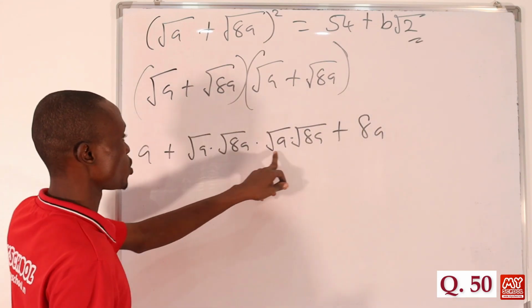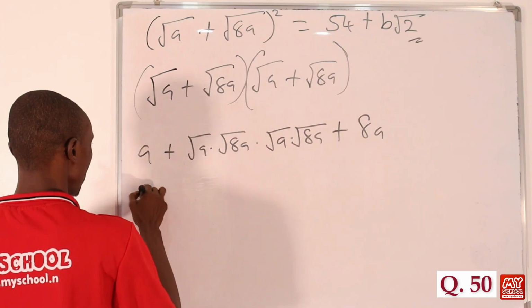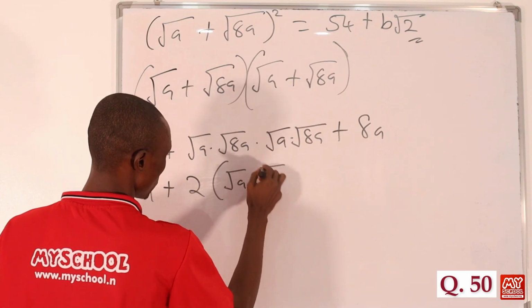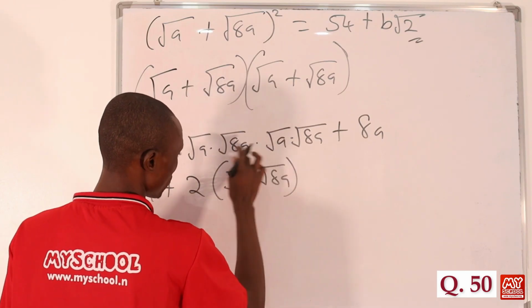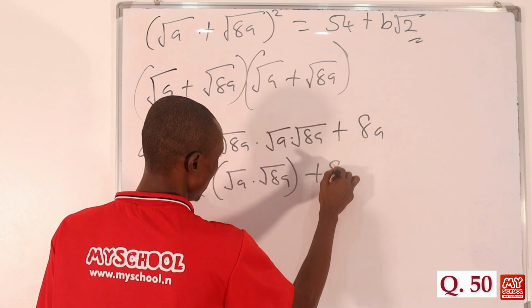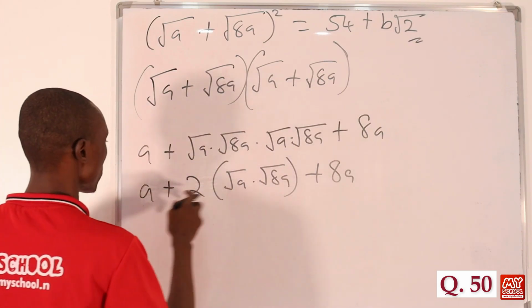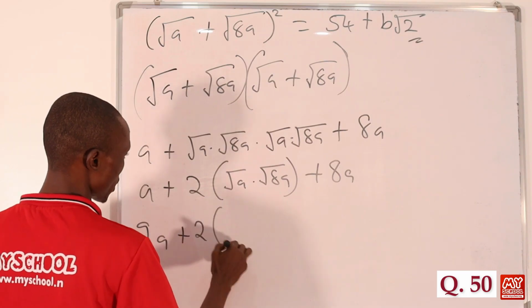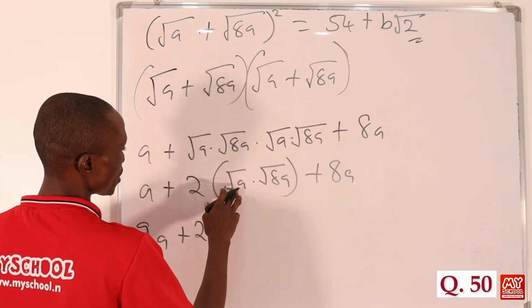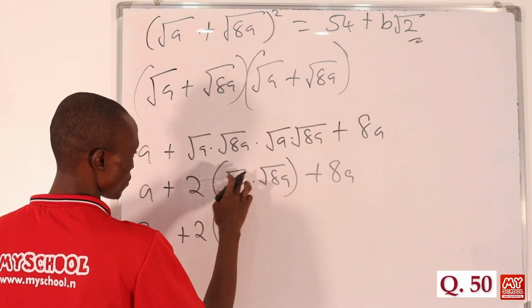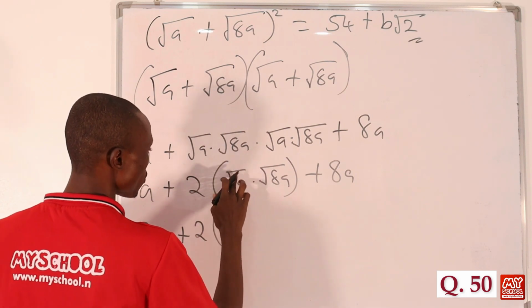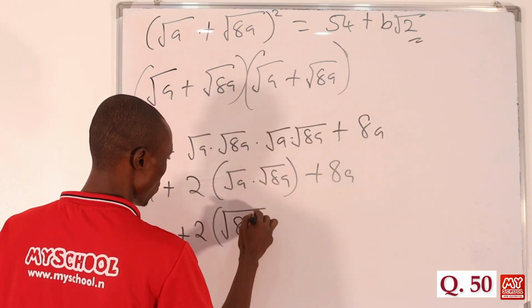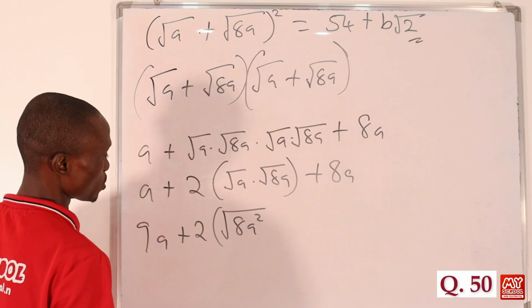If you check very well, we are having 2 root a times root 8a, right? So a plus 2 bracket root a times root 8a, since we are having 2 of it, then plus 8a. So a plus 8a will give us 9a, then plus 2, bracket open. Now let's simplify this place. Here, root a times root 8a, we are going to be having root 8a squared.